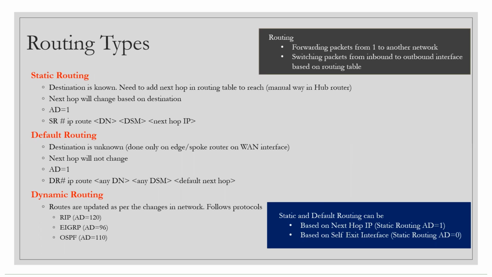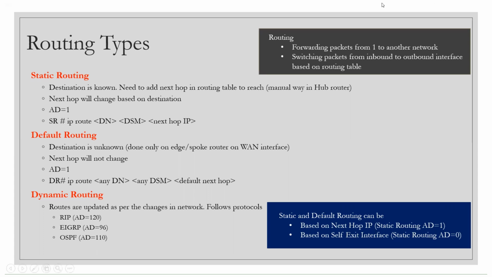Normally, we use static routing in the case of the hub router. In the upcoming lab, I'll show you what exactly a hub router is and what a spoke router is. But right now, just know that hub routers are the ones where your destination or your next hop is absolutely known.